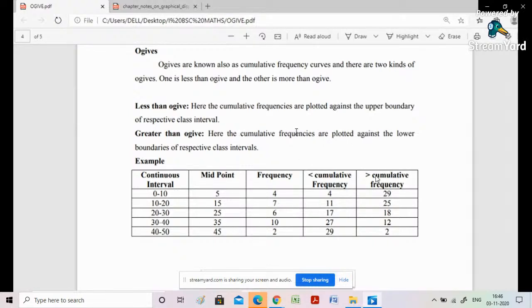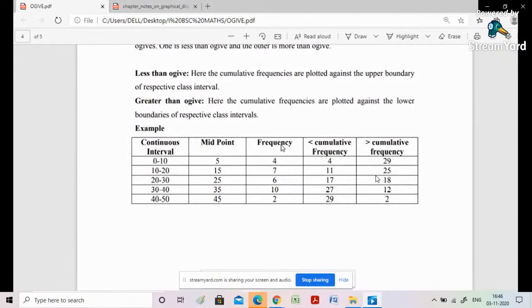We have already studied the method of finding them. We can add cumulatively: 4 plus 7 is 11, 4 plus 7 plus 6 is 17, plus 10 is 27, plus 2 is 29. So that is the less than cumulative frequency.